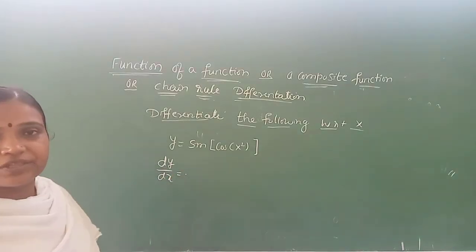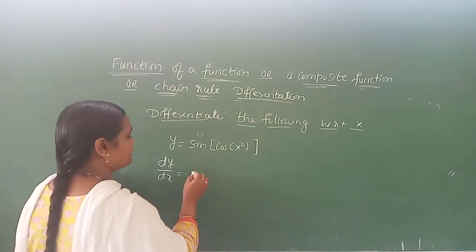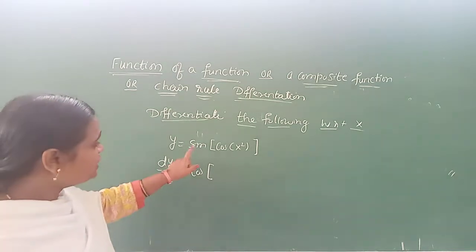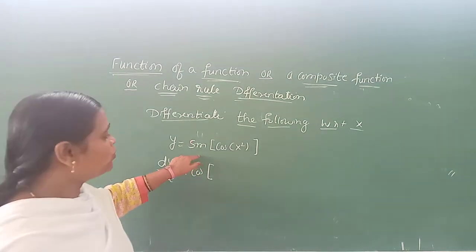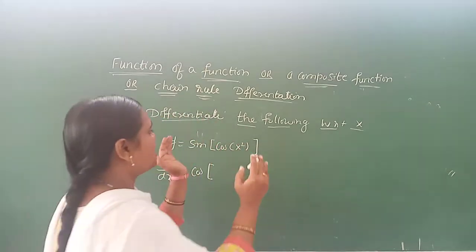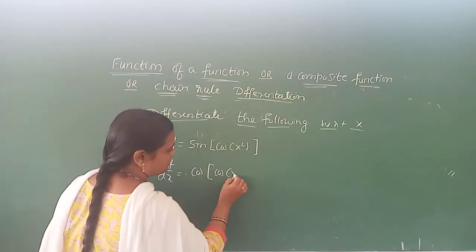First do the differentiation of sine. Sine differentiation is what? Cos. We are writing as it is, cos of x square. We are doing the differentiation of only sine. Therefore, we are writing this one as it is. There is no change in the angle.